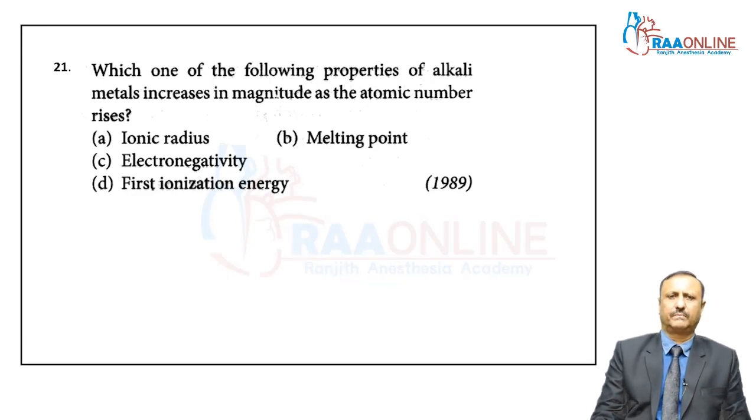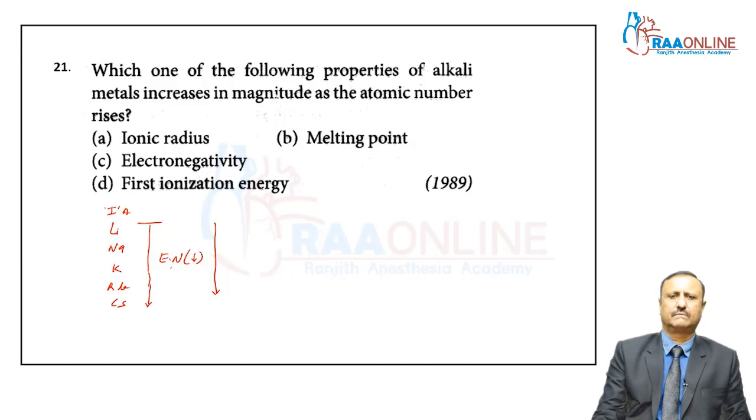Which one of the following properties of alkali metals increases in magnitude as the atomic number rises? My dear students, the alkali metals are lithium, sodium, potassium, rubidium and cesium. These are the alkali metals or first A group elements. Here you can see the properties. Electronegativity decreases because it is a periodic property.